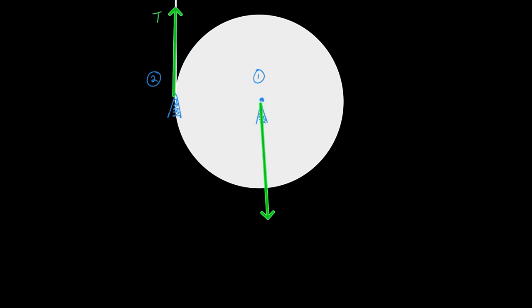The tension has to be less than mg, or the system can't accelerate downwards. So net force will be mg minus tension equals ma. Net torque, on the other hand, is going to equal I alpha.